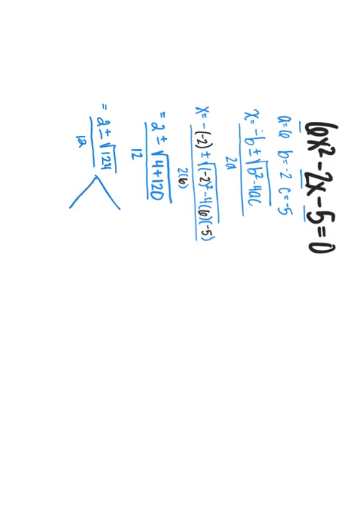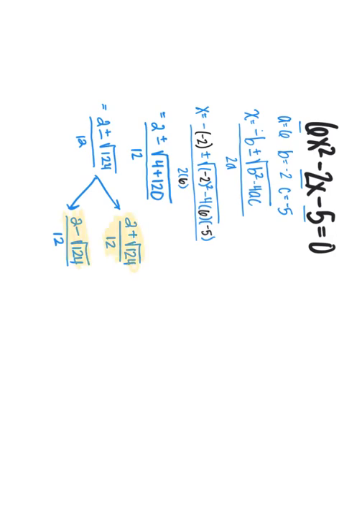So we're going to split this into our two equations. And we have 2 plus root 124 over 12, and we have 2 minus root 124 over 12. Again, if you were going to write it just as a radical expression, you could leave it just as these two right here.